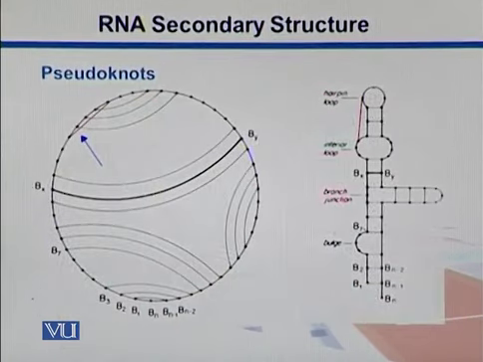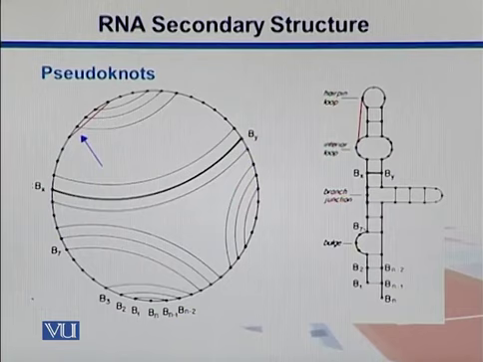Here we see the pseudoknots, so we see those arcs, but in the same way we see some crossing edge, which is a red color edge. We can see the top part which we have labeled BX and BY. This is the top part, and this was the bottom part of this sequence right here.